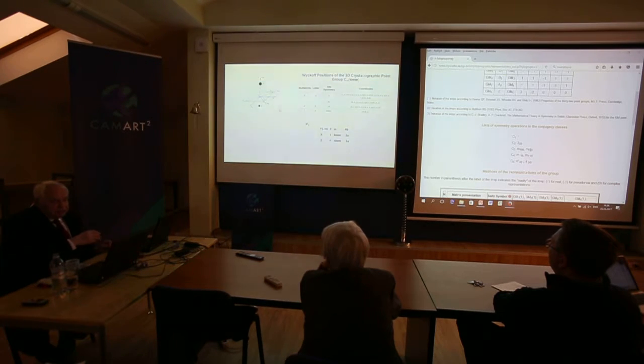And the second plane is 0, 1, 0. These are 2 coordinate planes. Then 2 diagonal planes. You see them: 1, 1, 0 and 1, minus 1, 0.